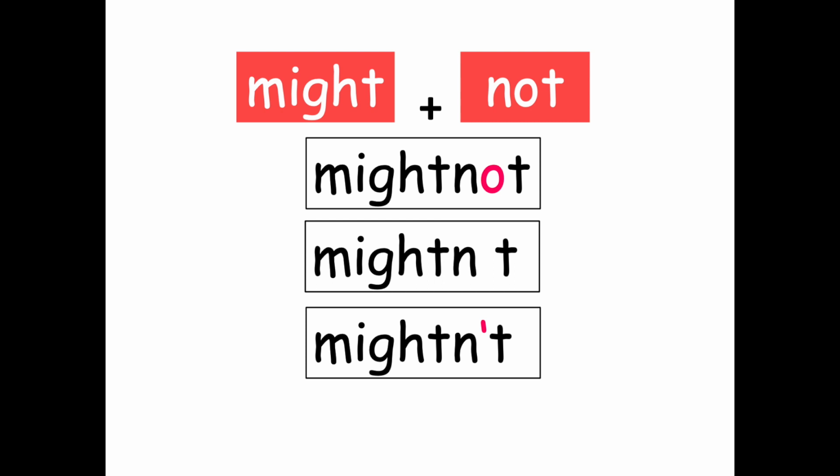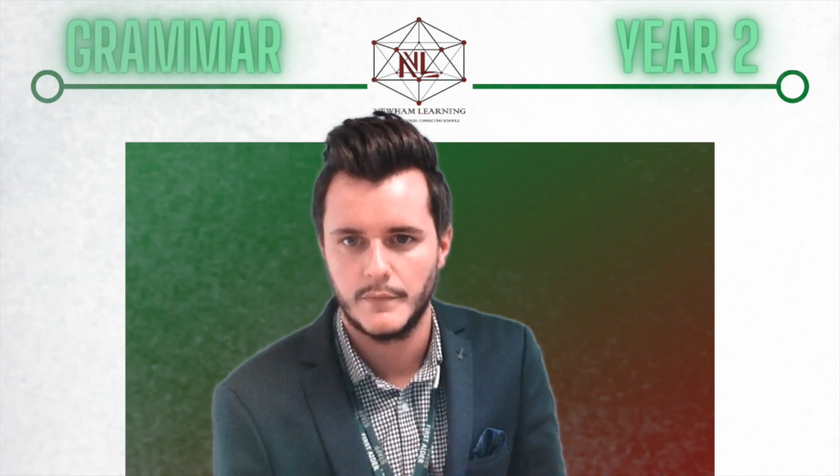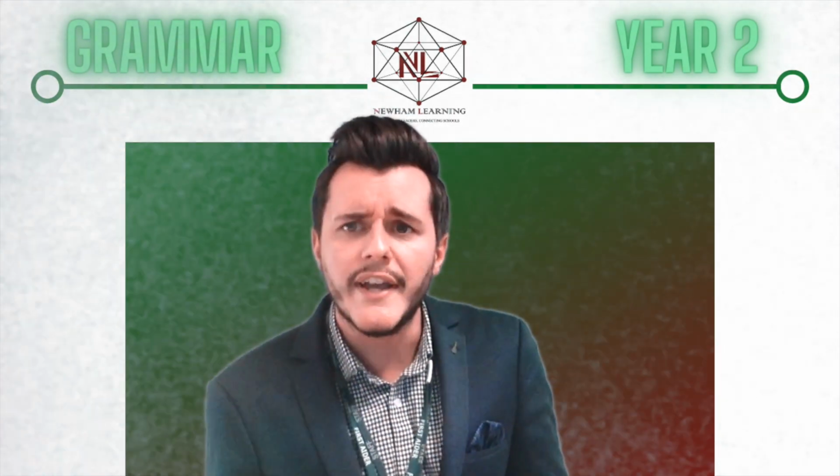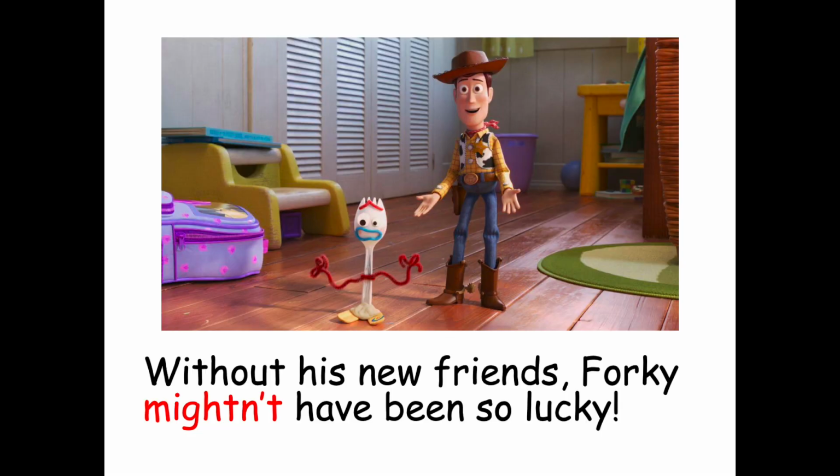Might plus n't forms the contraction mightn't. Now some people try to put the apostrophe where the two words join, but this needs to go where there's a missing letter. The toys find Forky in the end, but without his new friends, Forky mightn't have been so lucky.